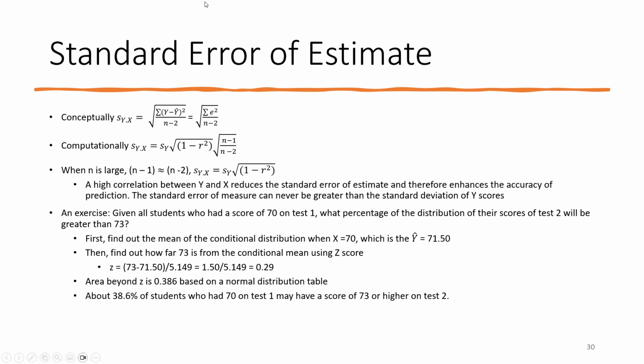I included the formula for calculating the standard error of estimate on the slide to show that it is determined by the standard deviation of the dependent variable y along with the correlation between the independent and the dependent variables. A stronger correlation between x and y reduces the standard error of estimate.